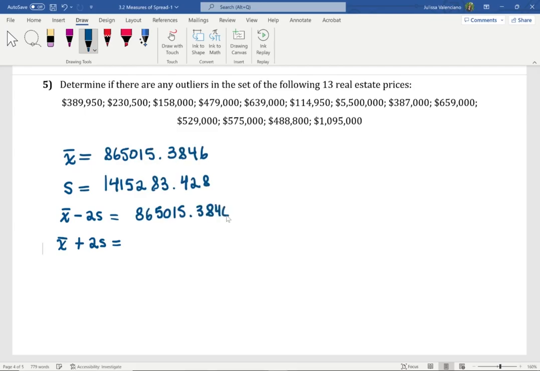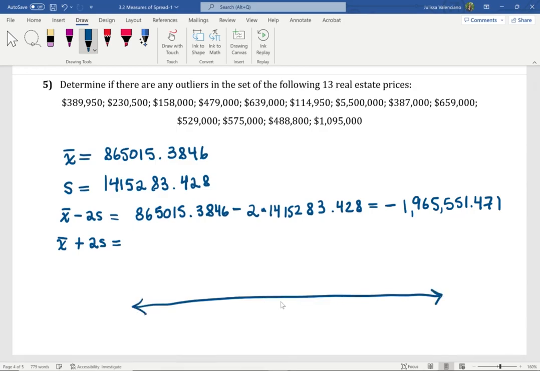Okay. Now we need to find X bar minus 2 times S. Let's go ahead and write this expression. Write the value of X bar minus 2 times the value of S. Go ahead and enter this expression on your calculator. You should be getting negative 1,965,551.471. It's a little hard to read without the commas.